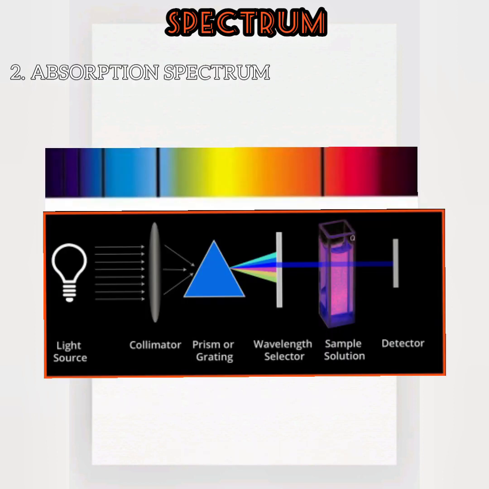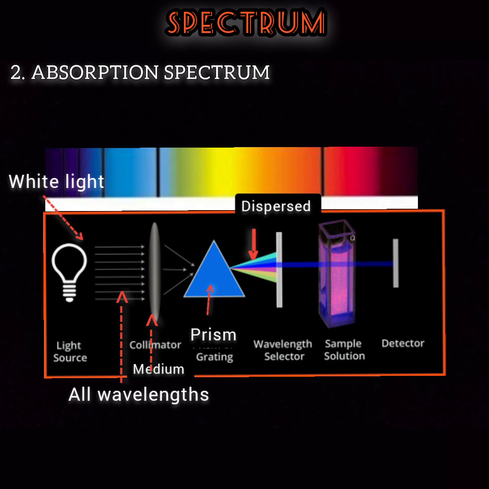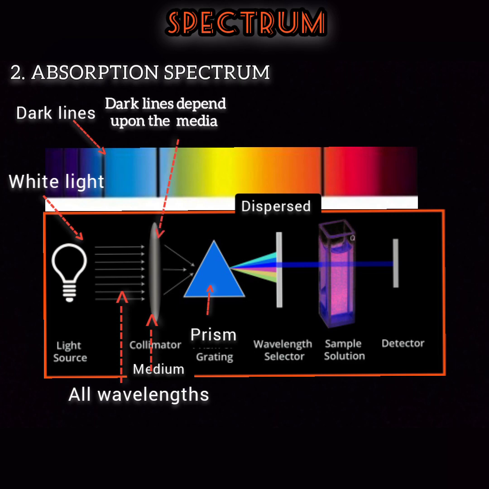Absorption spectrum. When white light having all the wavelengths of the visible region is passed through a medium and the transmitted light is dispersed by a prism, a few dark lines are obtained. These dark lines depend on the nature of the absorbing medium, and the spectrum is known as absorption spectrum.